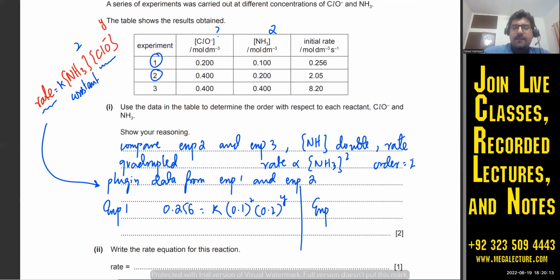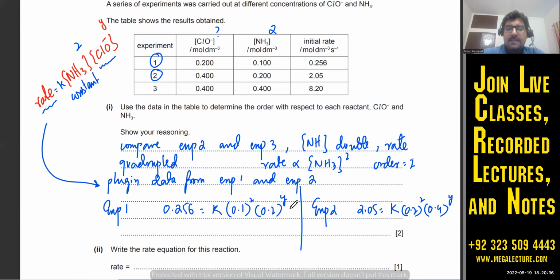Now I'm going to plug in data from experiment number 2, where the rate is 2.05, and that's k times the concentration of NH3, that's 0.2 squared, and the concentration of ClO minus 1, that's 0.4, to the power of y, since I don't know what the order is. So I've got two equations.